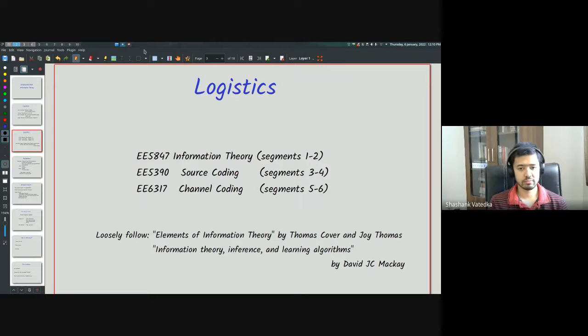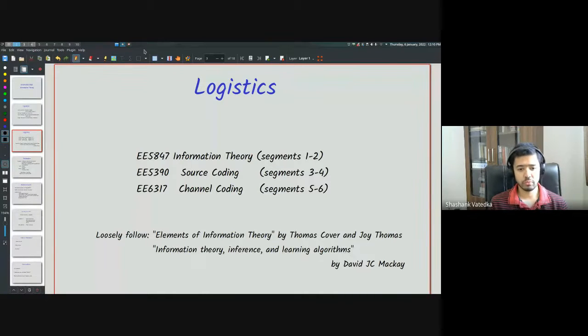These 3 courses put together generally constitute a standard information theory course in most places. The first 2 segments will cover some of the basics, which is necessary. Segments 3, 4, on source coding, will cover the details of data compression, and segments 5, 6 will talk about channel coding, or sometimes error correcting codes for noisy channels.